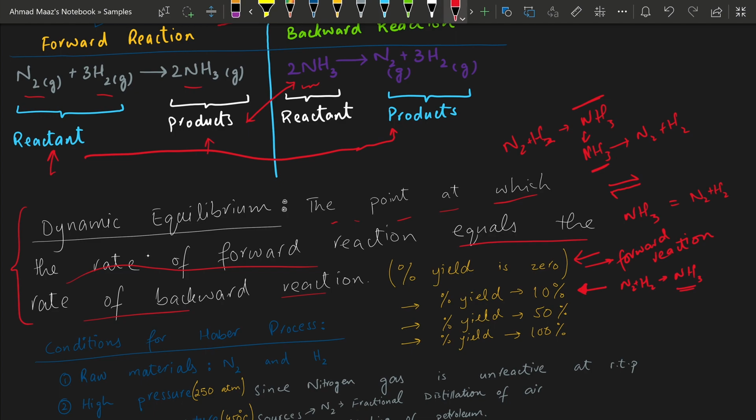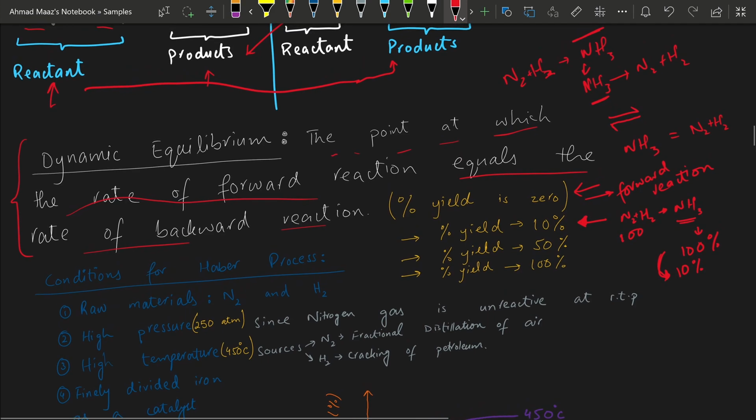For example, if there are 100 volumes of nitrogen and hydrogen, and 100 volumes of ammonia should be produced if this reaction was only the forward reaction, then 10% yield means that only 10% of the volume that should be produced is actually being produced.